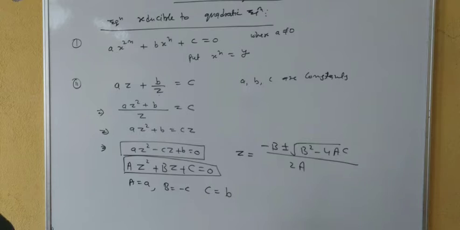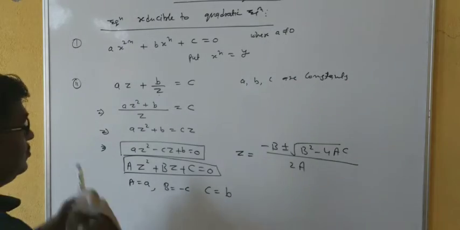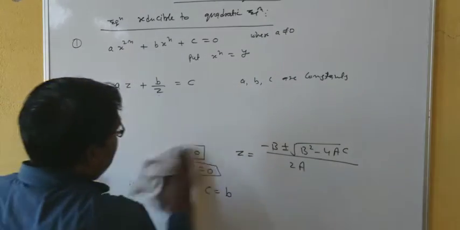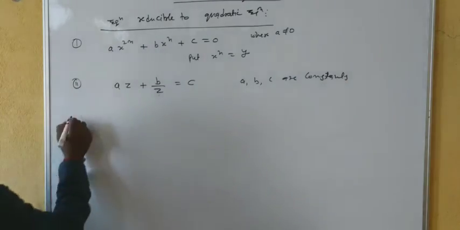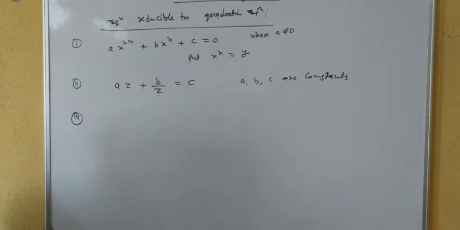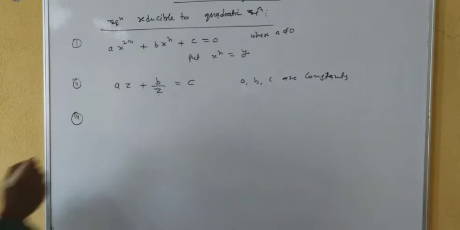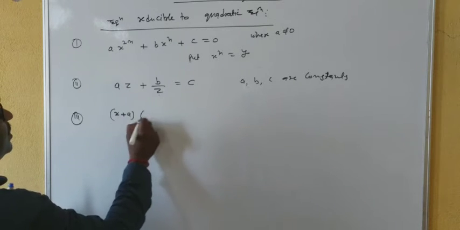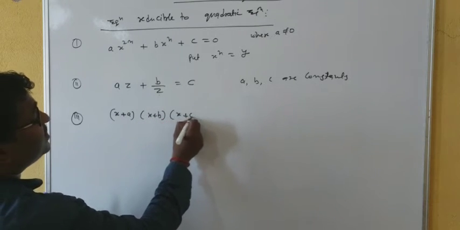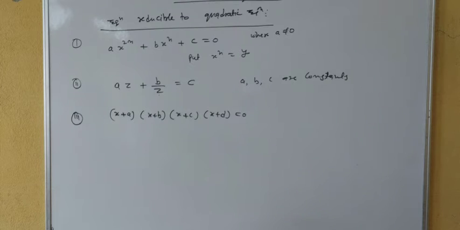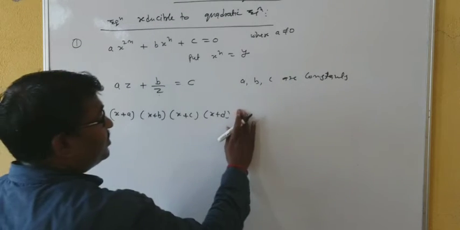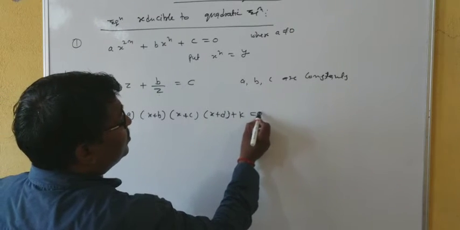Now the third form. The third form of equation which can be reducible to a quadratic equation is x plus a into x plus b into x plus c into x plus d, plus k, some other constant, is equal to 0.